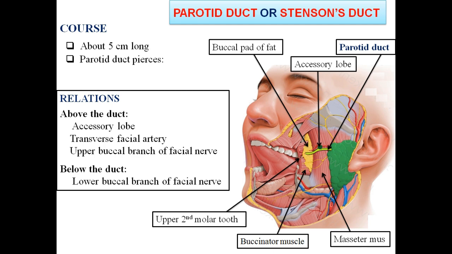The parotid duct pierces the buccal pad of fat, buccinator muscle, and buccopharyngeal fascia.